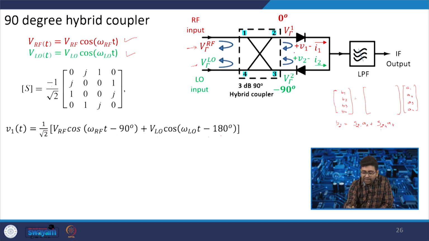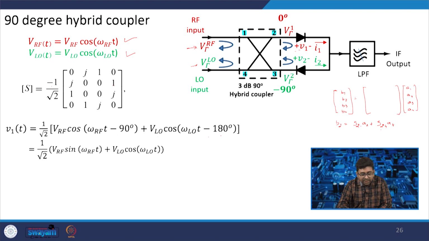This is the voltage across diode 1, that is why it is mentioned as the V1 voltage. Now, using trigonometry, cos theta minus 90 can be written as sin theta, and cos theta minus 180 can be written as minus cos theta. So, same thing, VRF sin omega RF t plus VLO cos omega LO t.